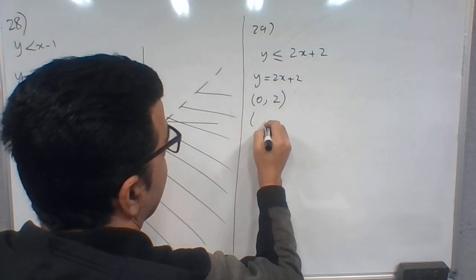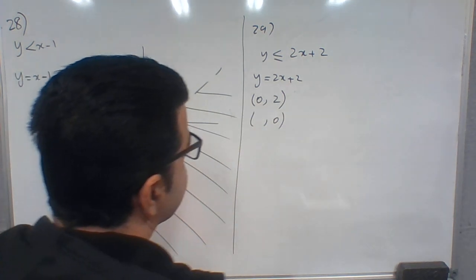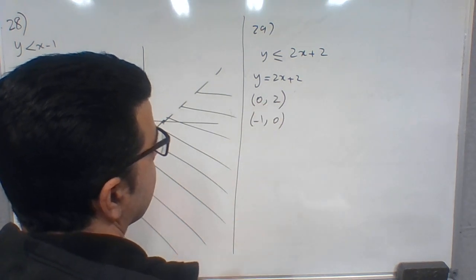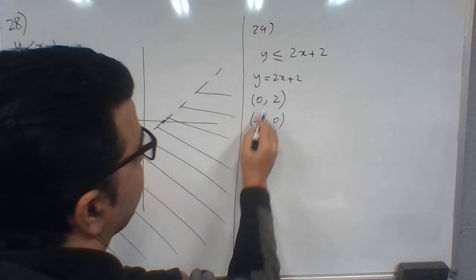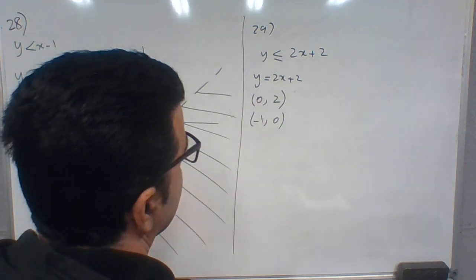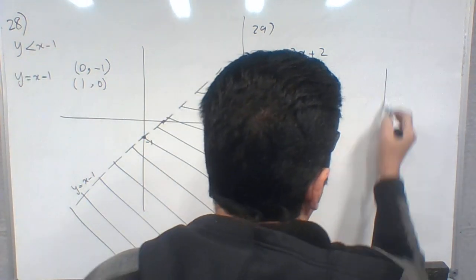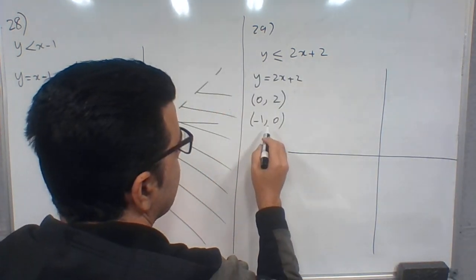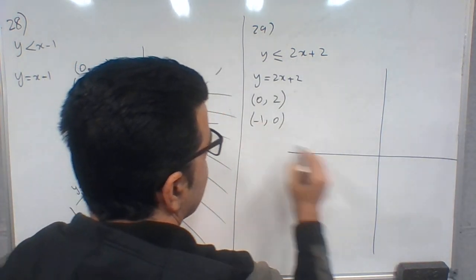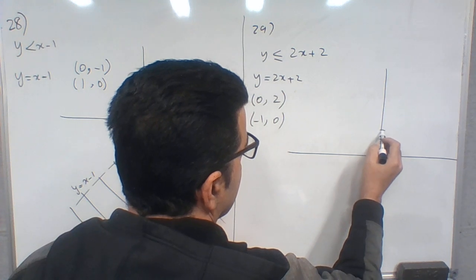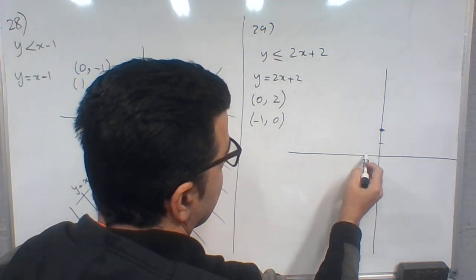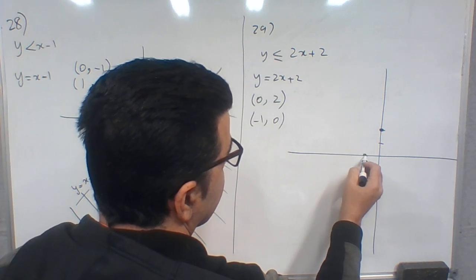And if y is 0, then x is negative 2, since negative 2 plus 2 is 0. Now draw the line. So (0, 2) is the first point, and (negative 2, 0) is the second point.